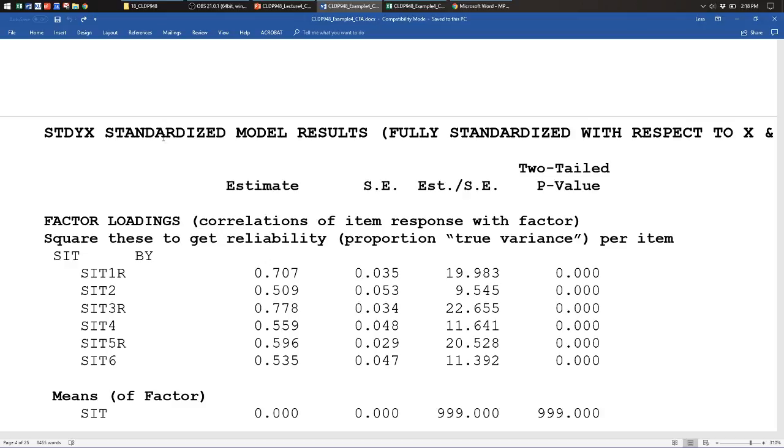And that makes it useful for looking at the relative differences across your items. It makes every item's total variance 1, and it makes every factor's variance 1. So the best possible item you could have would have a standardized loading of 1, meaning it has a perfect correlation with the factor, and that would translate into an R square of 1 as well.